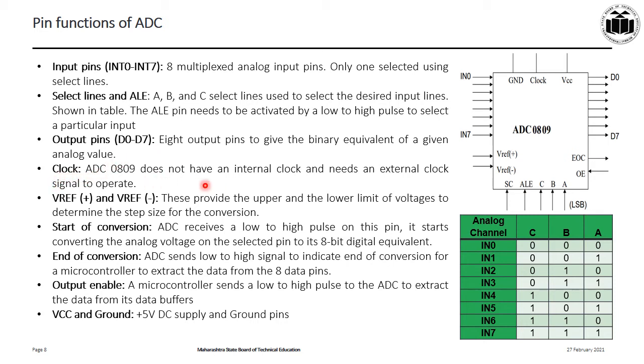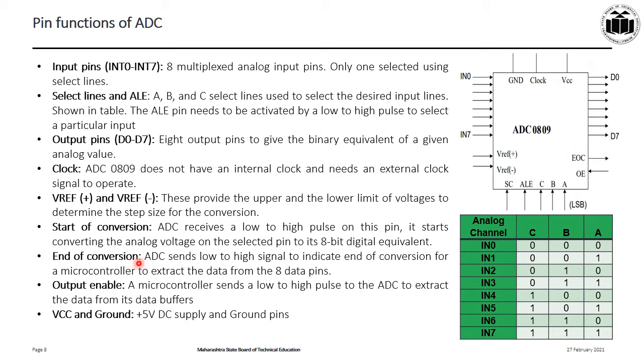Clock: ADC does not have an internal clock, so we need to operate using an external clock. When connecting to microcontroller, the microcontroller clock can also be connected to the ADC. We reference the upper and lower limits of voltages to determine the step size for conversion. SOC, start of conversion, to indicate the conversion has started.